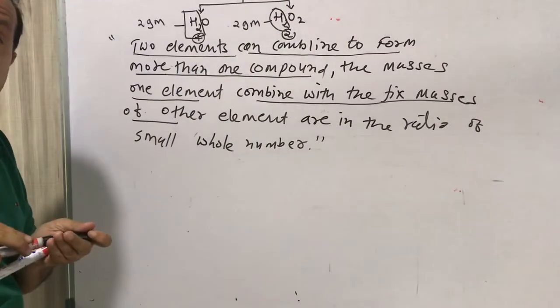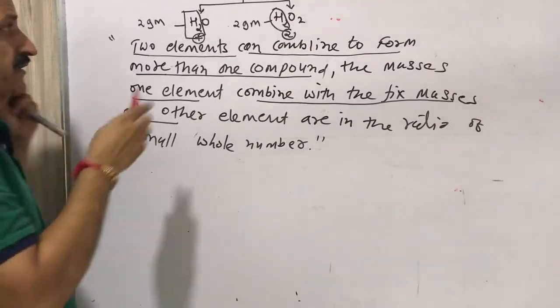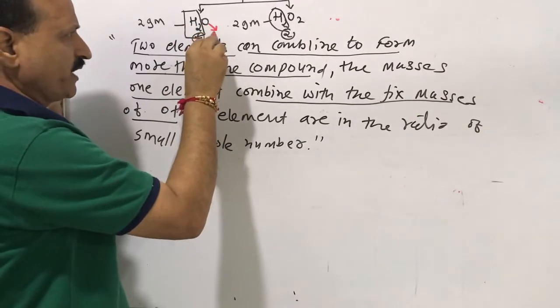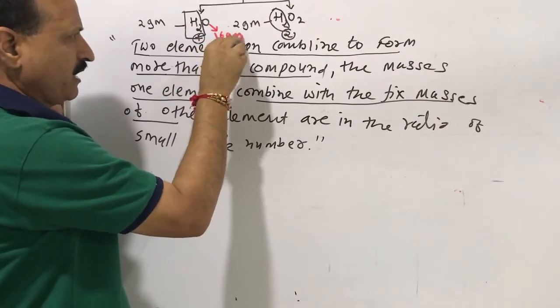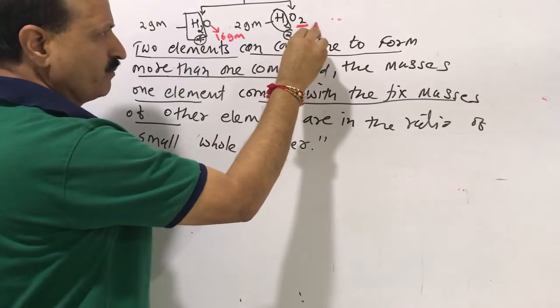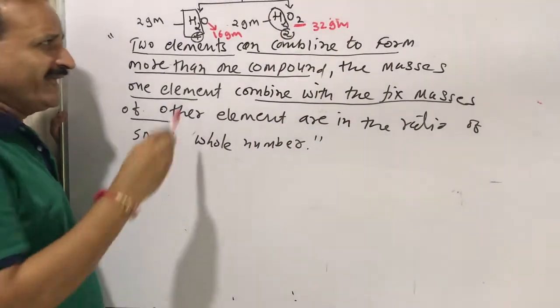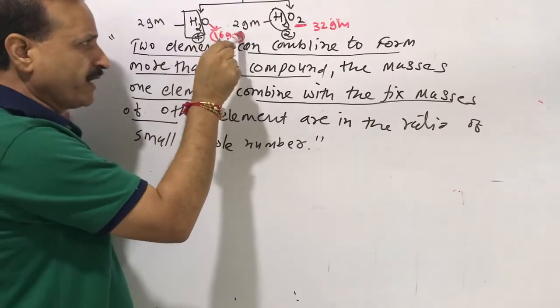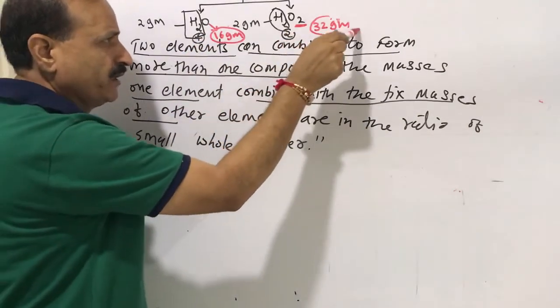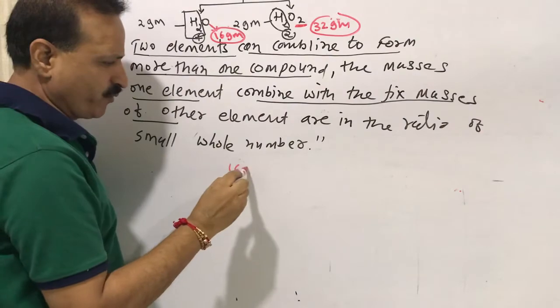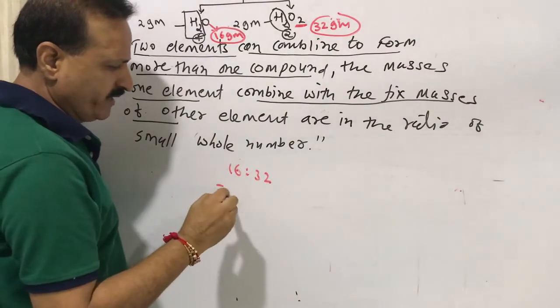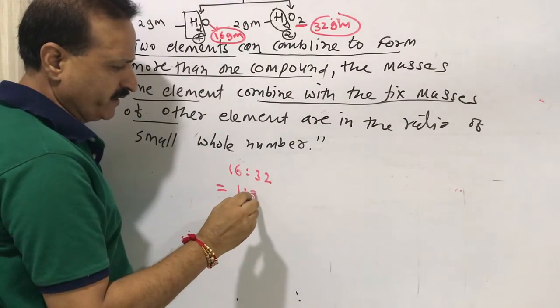But the other element has a different mass. In H2O oxygen is only one, so it is 16 gram. In H2O2 oxygens are 2, so the mass of oxygen will be 32 gram. That can be explained by small whole number: 16:32 means 1:2.